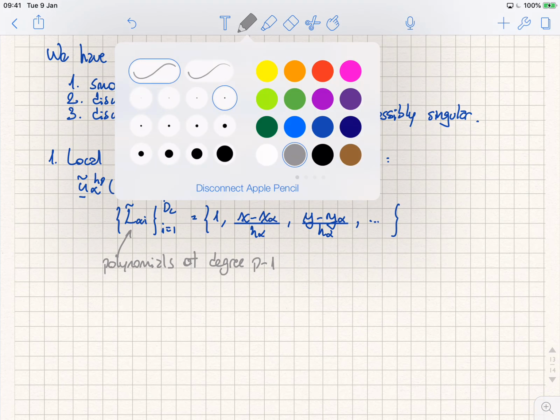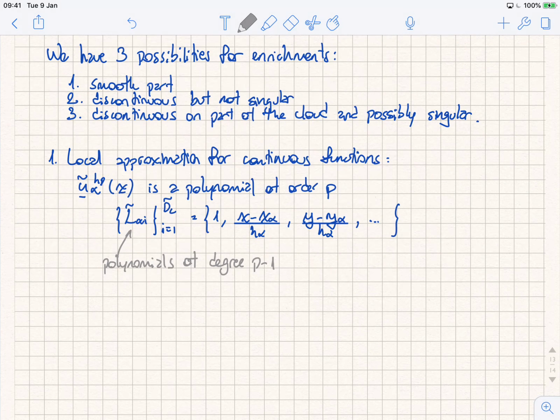And why is that? Why p minus 1 and not p? Who can tell me?